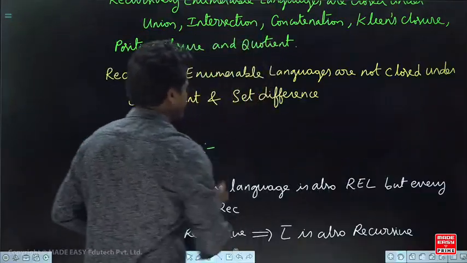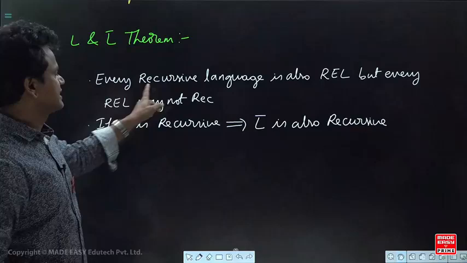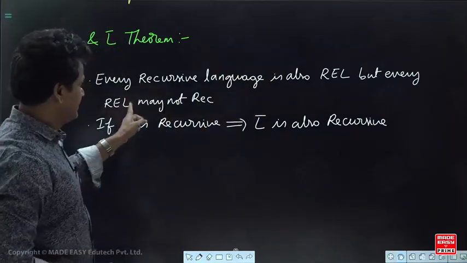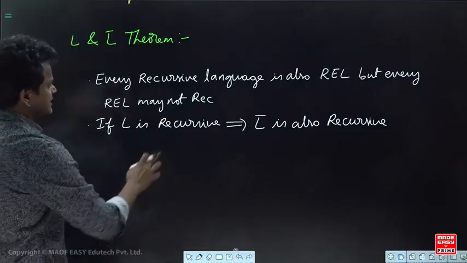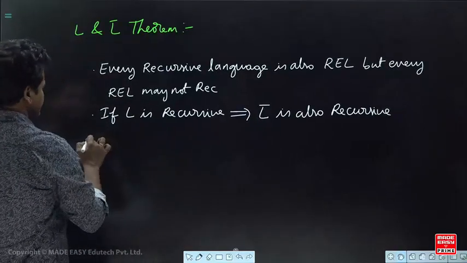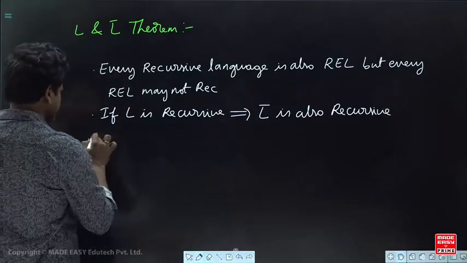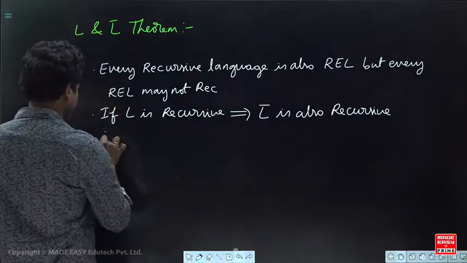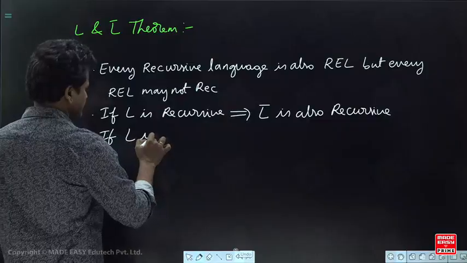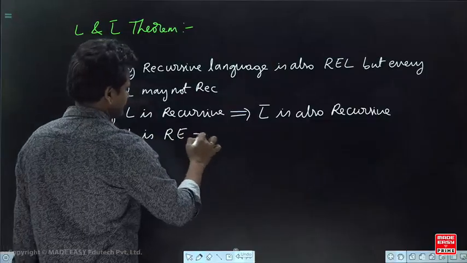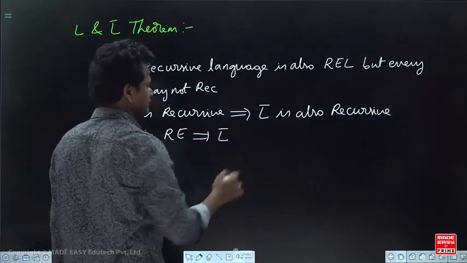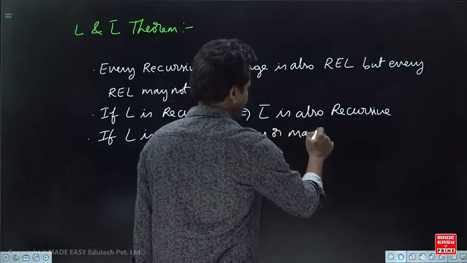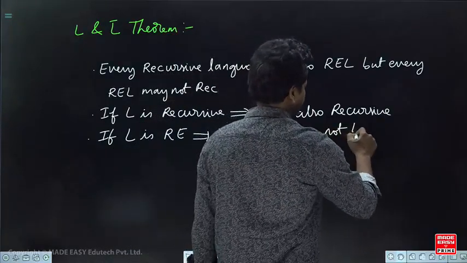Okay, now we'll go back. So here, every recursive language is also RE, but every RE language may or may not be REC. Now, if L is recursive, L bar is also 100% recursive. Next, if L is RE, then its complement L bar may or may not be RE.